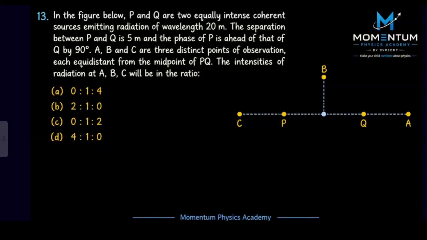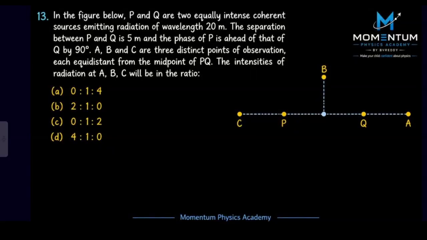Take this question. In the figure below, P and Q are two equally intense coherent sources emitting radiation of wavelength 20 meters. The separation between P and Q is 5 meters, and the phase of P is ahead of Q by 90 degrees.